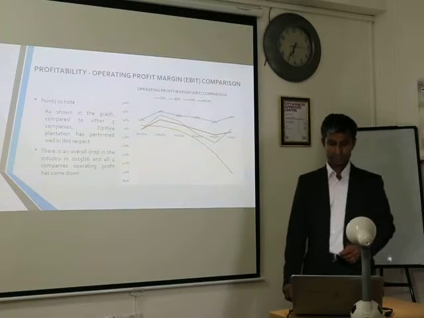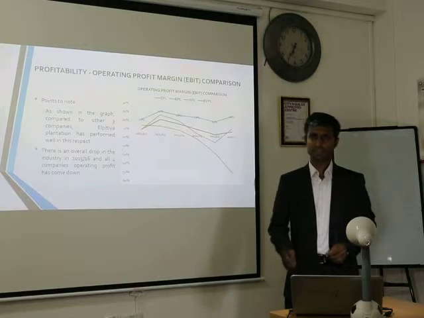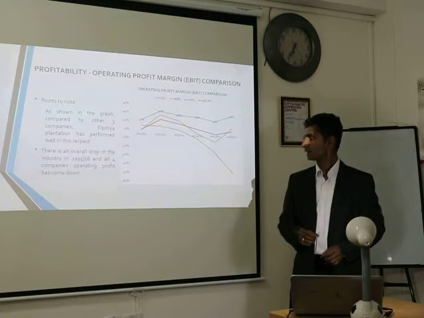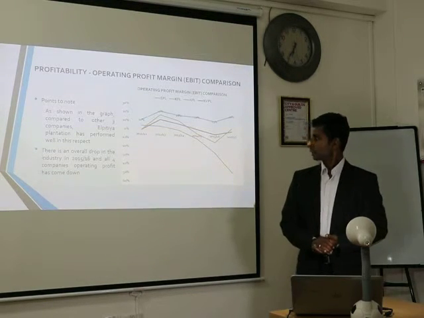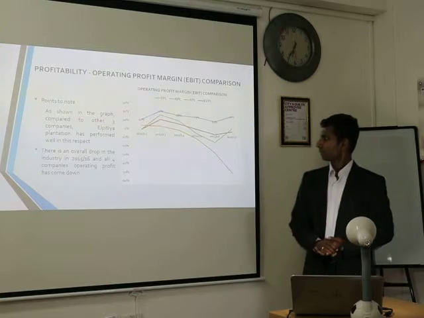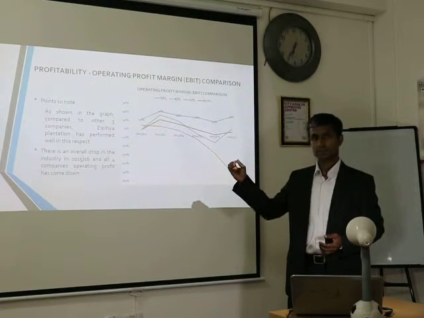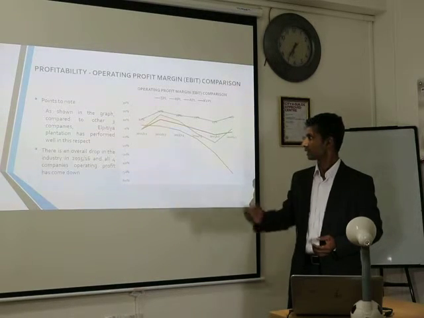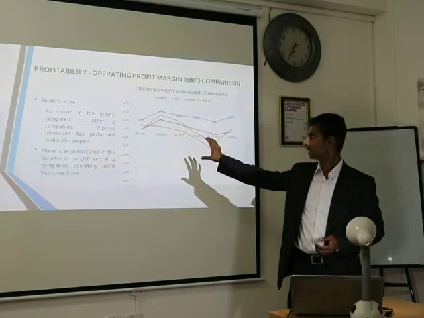Moving ahead with profitability, the operating profit margin is a very useful and sensitive indicator of the company's profitability, because in this margin calculation, the interest cost and taxation distortions have all been eliminated. So it's a very pure, one-to-one comparison with the competitors.